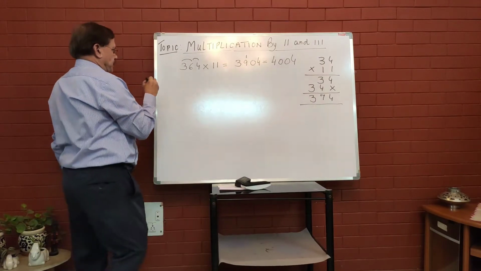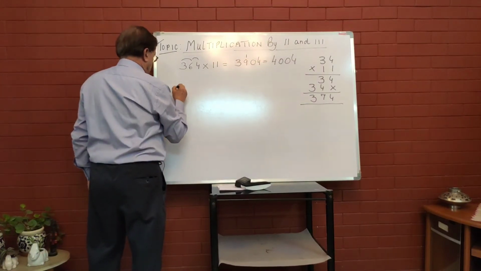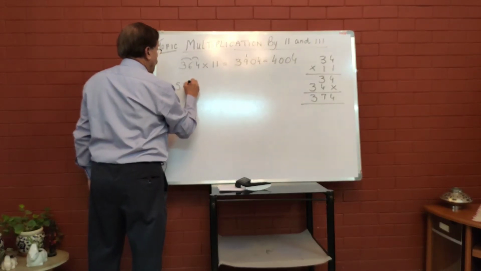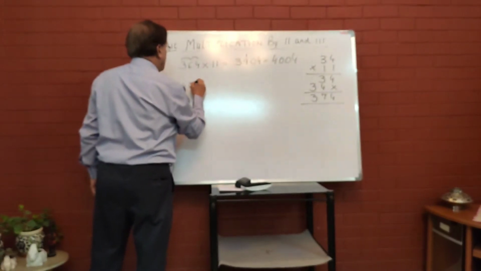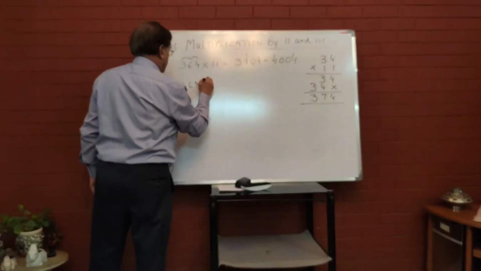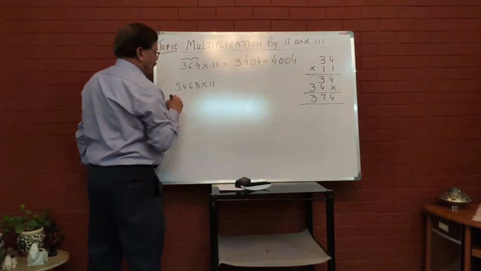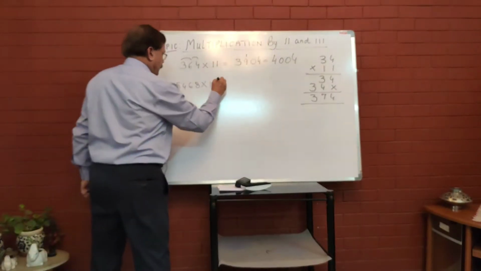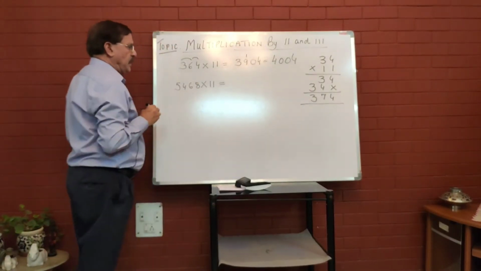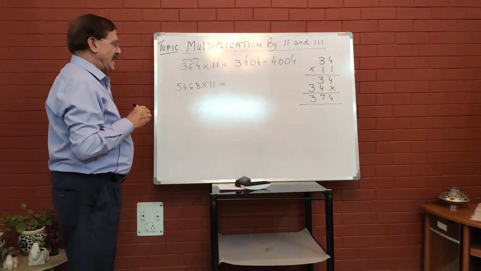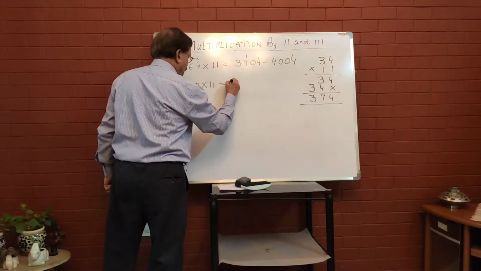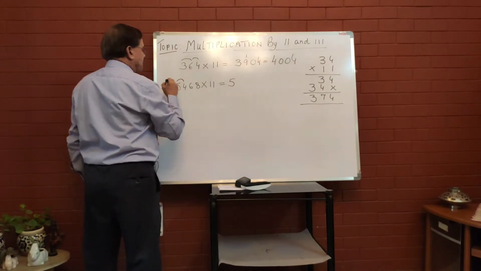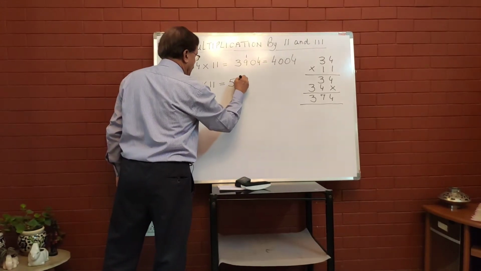Another number, 5, 4, 6 and 8 you can write. Multiply by 11. Now a 4-digit number multiplying by 11. The same technique, 5 will be written as it is. So I write 5 over here. Next number will be 5 plus 4, 9.